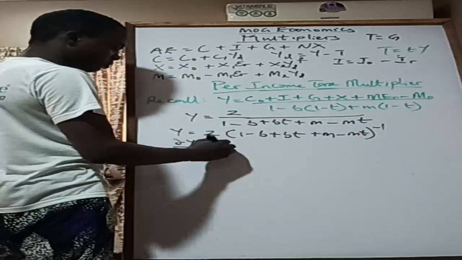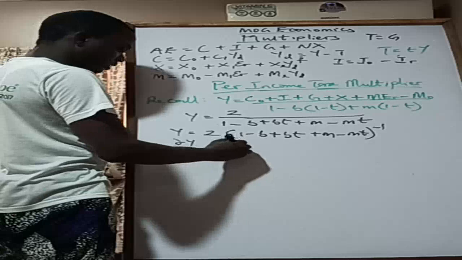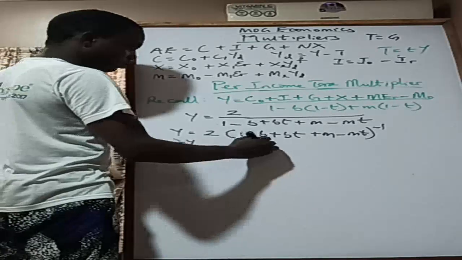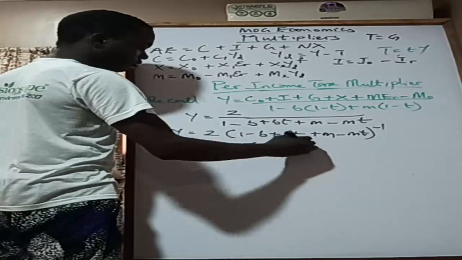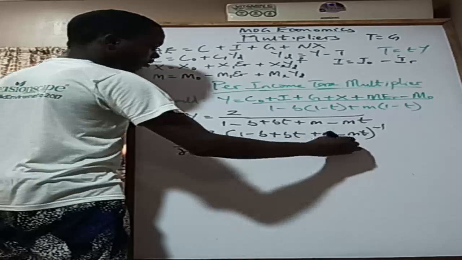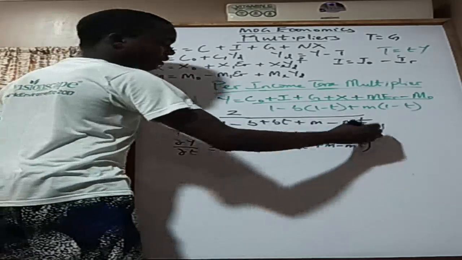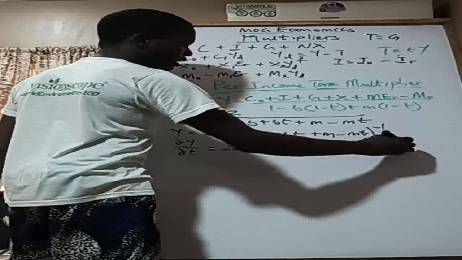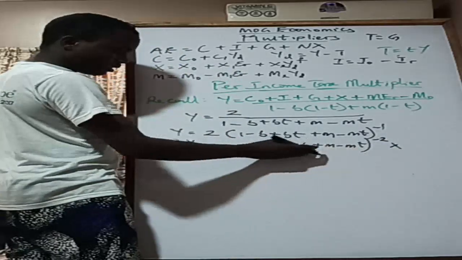Minus 1 comes here, so I have minus Z into bracket 1 minus B plus BT plus M minus MT. This is raised to power minus 1 minus 1, so minus 2, then multiply by the derivative of anything that has T inside it.